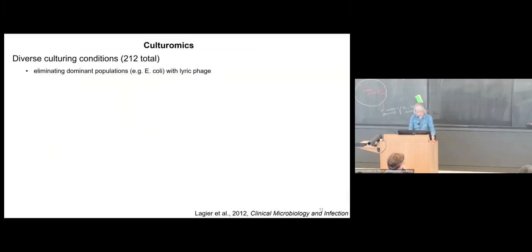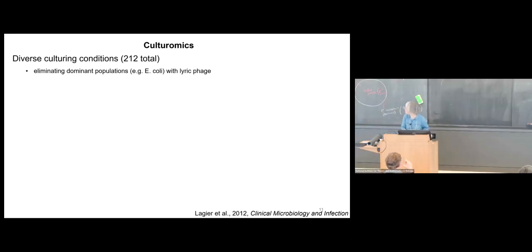So this has then been used for culturomics, because everybody wants omics, right? So these authors tried over 200 different culturing conditions for gut microbes, because gut microbes are dominated by some, like, say, E. coli.